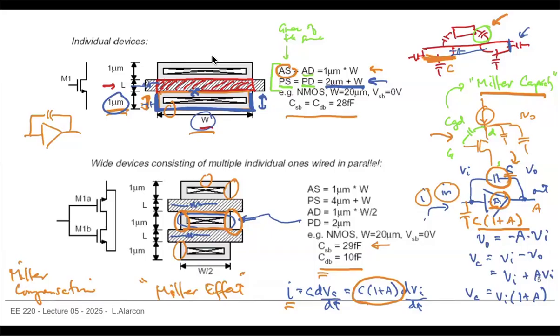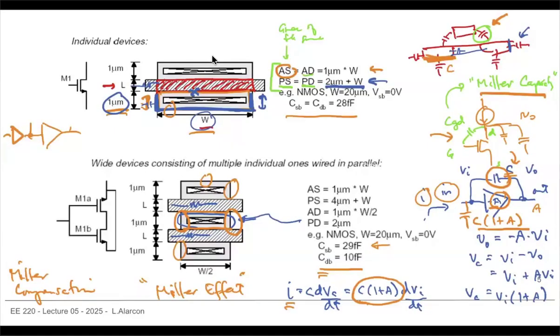For example, if I have a two-stage amplifier, I want to add a pole here. If I want to add a pole to make my circuit a bit more stable, one option is to put in a very large capacitor there. But we know that capacitors take up a lot of area, and in most cases I build inverting amplifiers. So Miller compensation just says, I'll take advantage of the Miller effect.